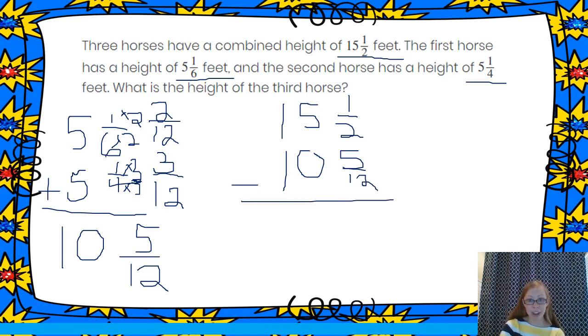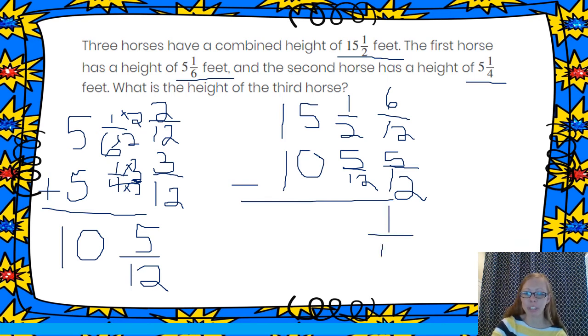I again need to find common denominators. 1/2 and 5/12 do not have common denominators, but I know that 1/2 is the same as 6/12. So I'm going to rewrite that equivalent fraction. 5/12 already has the same denominator of 12, so I'm going to rewrite that here. 6/12 minus 5/12 is 1/12 here.